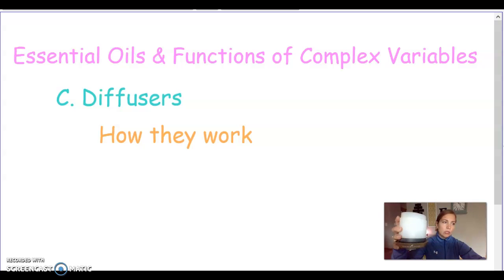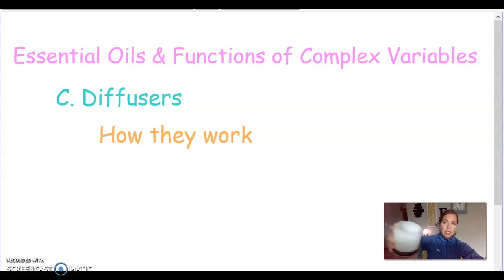So it uses ultrasonic waves. Inside there, you can see that it's a ceramic disc. And what happens is that the ceramic disc vibrates, creating ultrasonic waves. So when I plug it in and turn it on, it creates these waves.